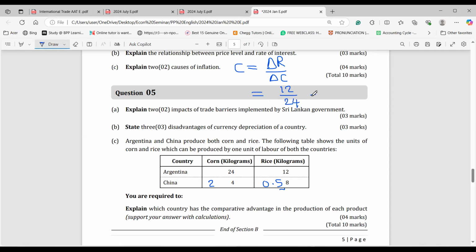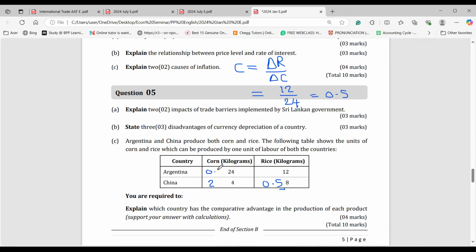Then your answer is 0.5. Here the opportunity cost of this product is 0.5. Good. The other one, you don't want to calculate. I can directly give you the answer. That is 2, to save my time.